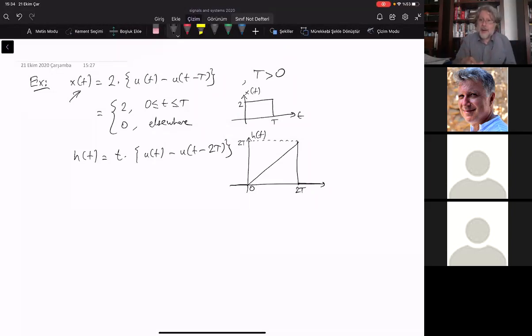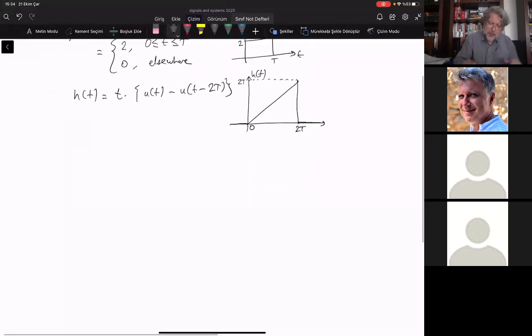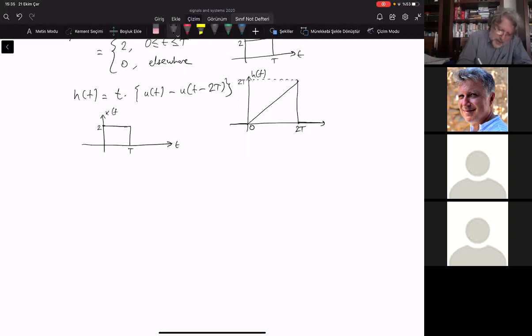But now I will flip around the triangular or the ramp shape of h of t. And I will draw it on top of the other one. I will draw these things again. So we have this 2 value going all the way up to capital T. And this is x of, well, actually, let's write it rigorously.